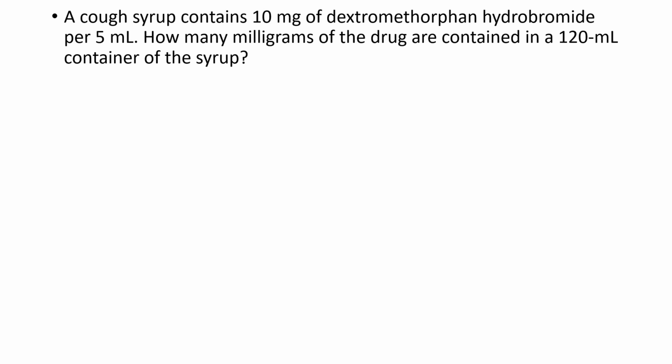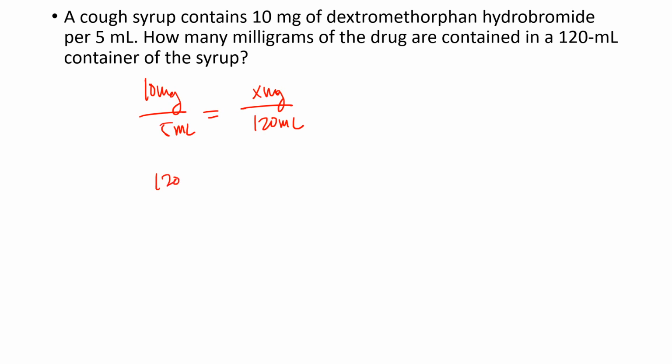Next, a cough syrup contains 10 milligrams of dextromethorphan hydrobromide per 5 ml. How many milligrams of the drug are contained in a 120 ml container of the syrup? So the ratio is 10 milligrams per 5 ml. How many milligrams in 120 ml?